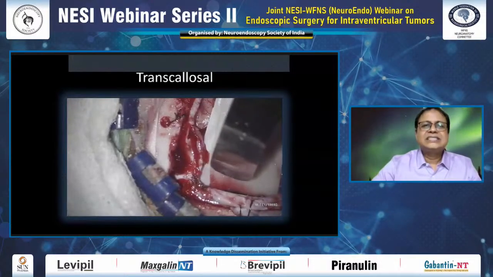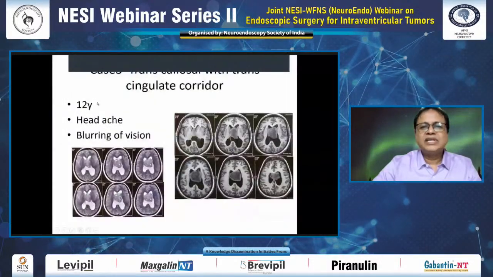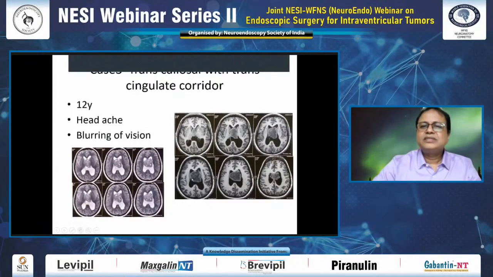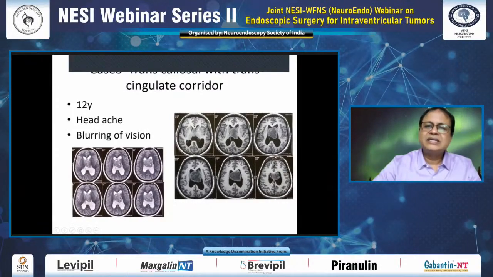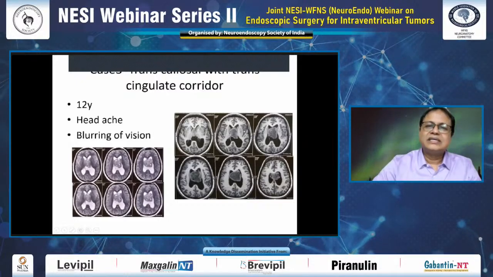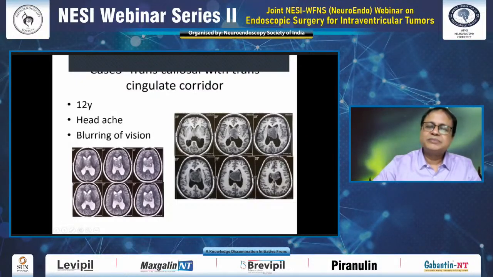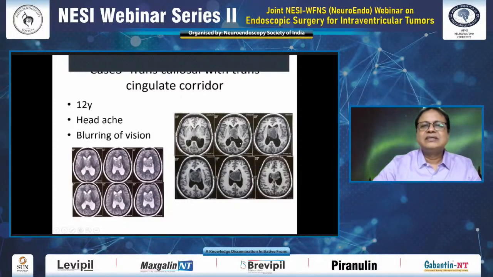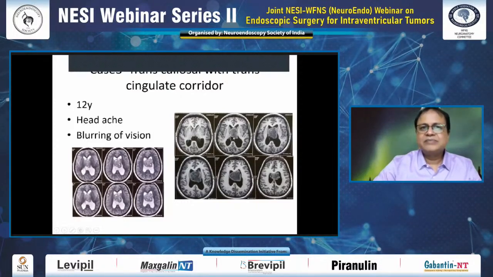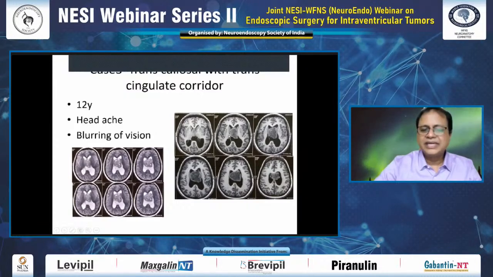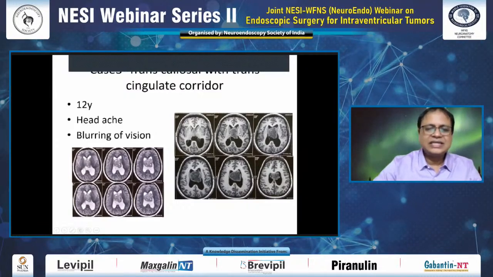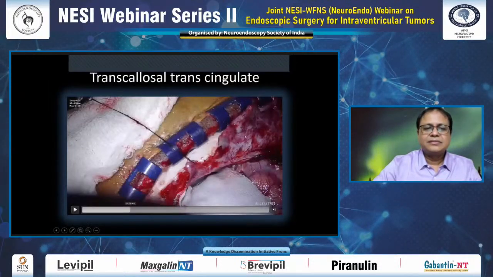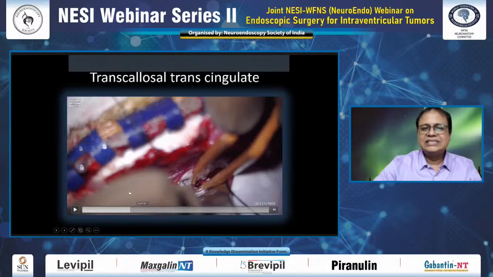Now, this is case 3, a 12-year-old with headache and blurring of vision, and it's a large tumor. But here there's no clear-cut cleavage between the tumor and the lateral wall of ventricle. And though the septum is pushed to the opposite side, it was adherent. So here we did a transcallosal, but we had to enlarge the corridor by working on either side of the ACA.